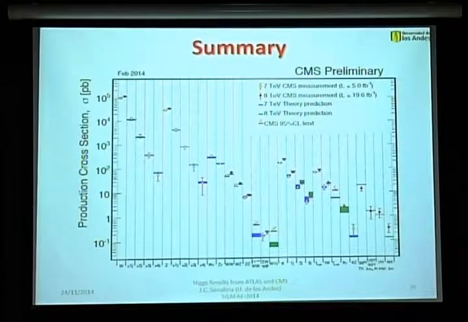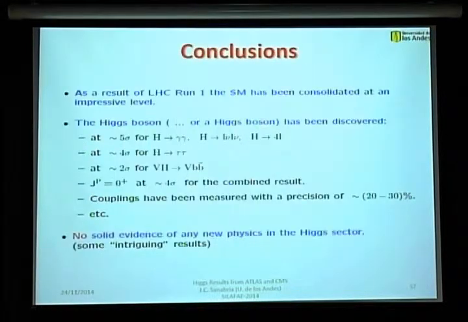Fine. So the results of this first run are impressive, especially in the Higgs sector. The standard model has been consolidated at an impressive level. The Higgs boson has been discovered.